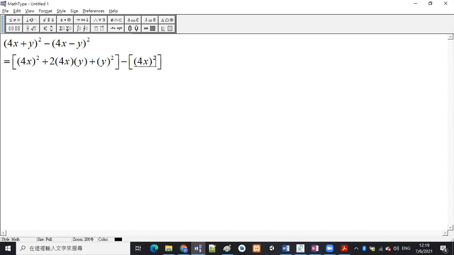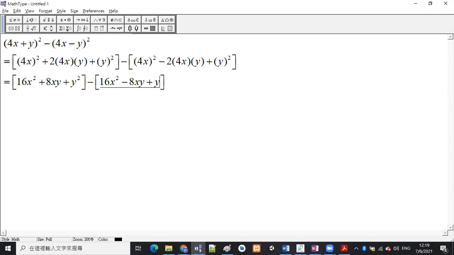Becomes a square minus 2ab plus b square. Okay, and then do the calculation is 16x square plus 8xy plus y square minus 16x square minus 8xy plus y square. And then expand the bracket. 16x square plus 8xy plus y square minus 16x square, and then double negative becomes plus 8xy, and then minus y square.